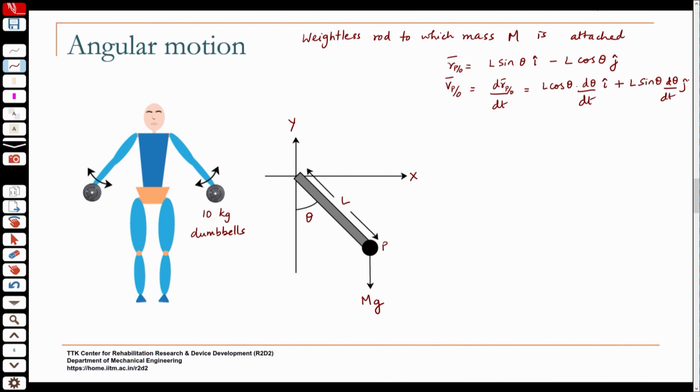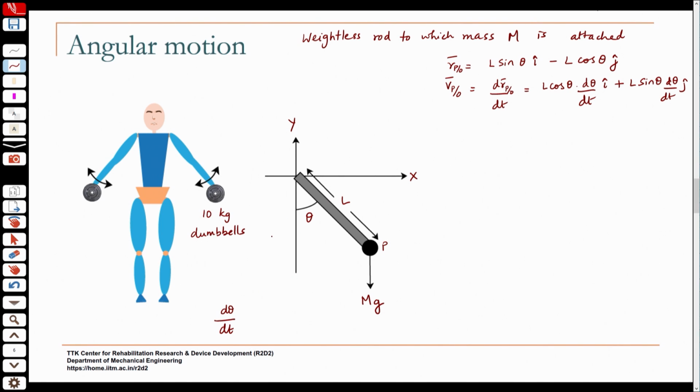For planar problems, d theta by dt can be described as a vector omega, with the direction of d theta.